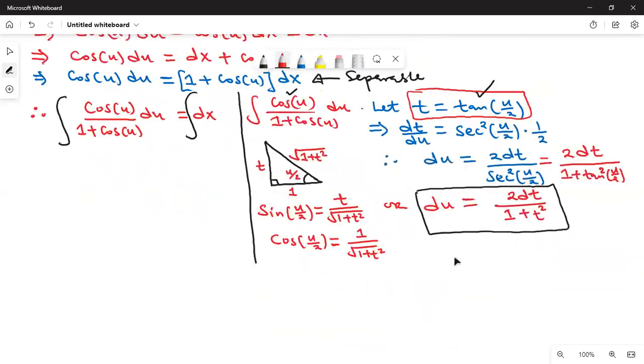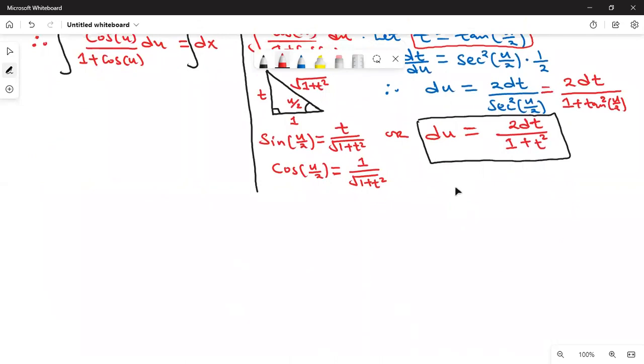So now, when we need cos u, we can say therefore cos u is the same as cosine squared of u over 2 minus sine squared of u over 2. And you see we have them, we only need to square this and this one.